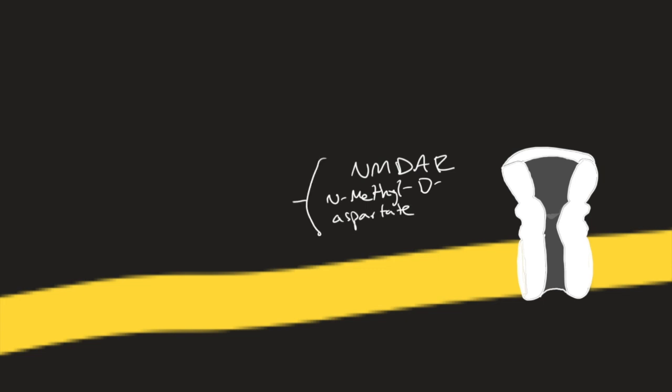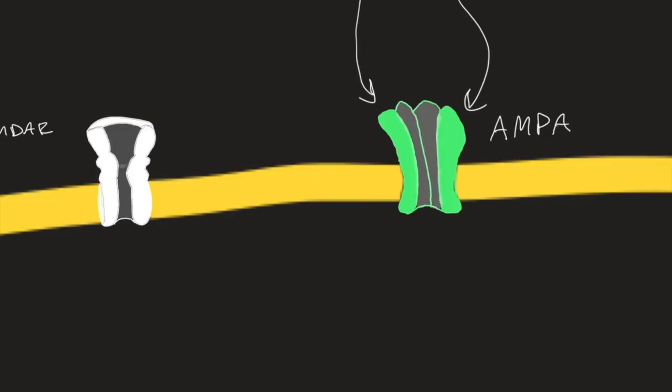For NMDA receptors, or N-methyl D-aspartate receptors, these are permeable not only to sodium and potassium, but also calcium. I'll go over why that's important in a second. So for the AMPA receptors, glutamate binds 2 spots on each receptor, and it opens up the channel.